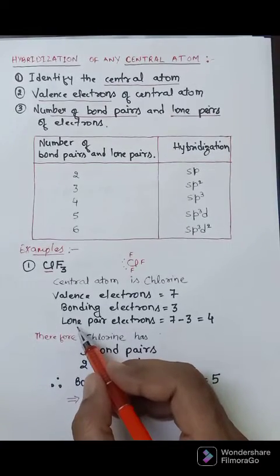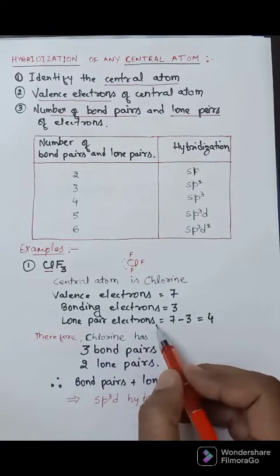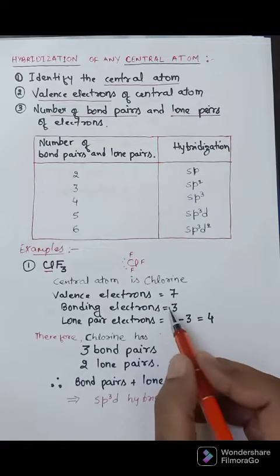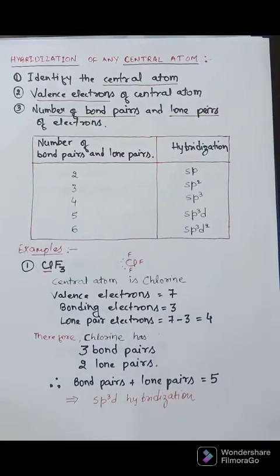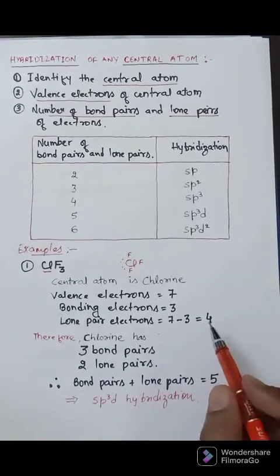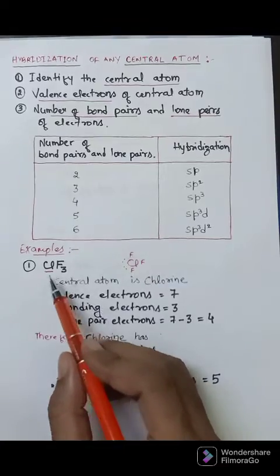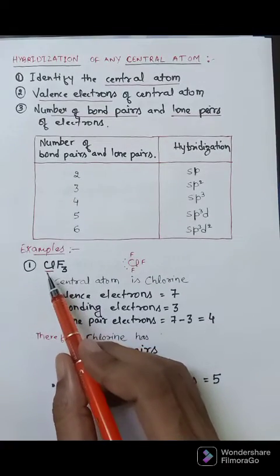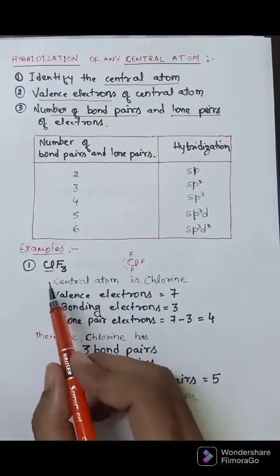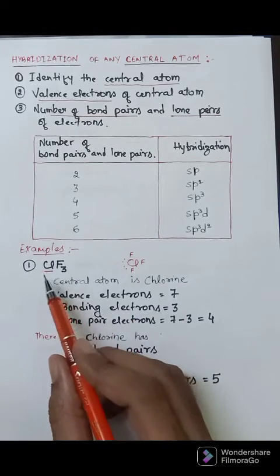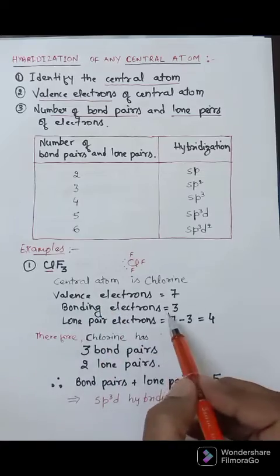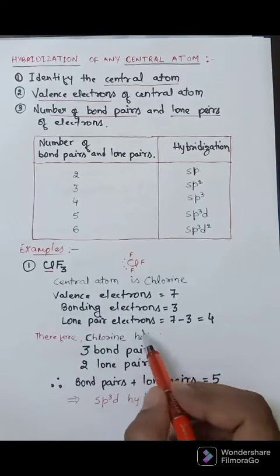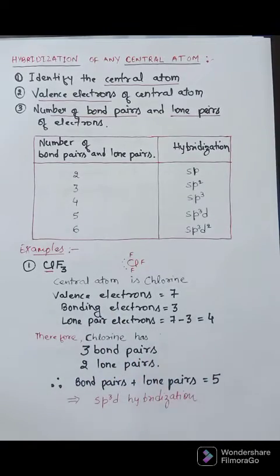Now what will be the lone pair of electrons? The lone pair of electrons is equal to valence electrons minus the bonding electrons. That is 7 minus 3 equal to 4. So we have found that in the ClF3 molecule, chlorine is the central atom, chlorine has 7 valence electrons and 3 bonding electrons, and the lone pair electrons are equal to 4.